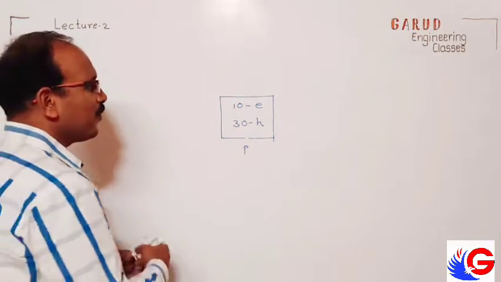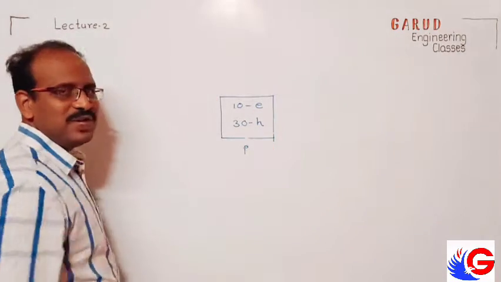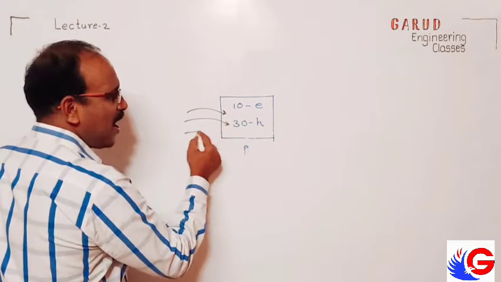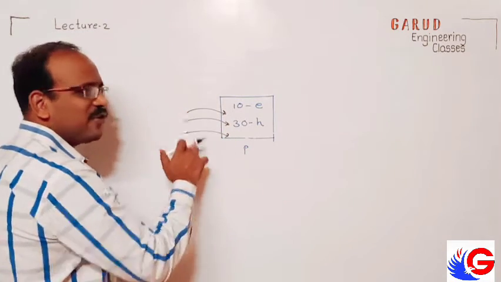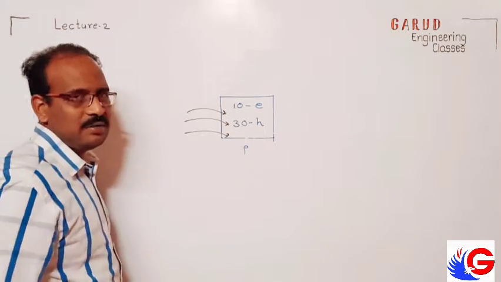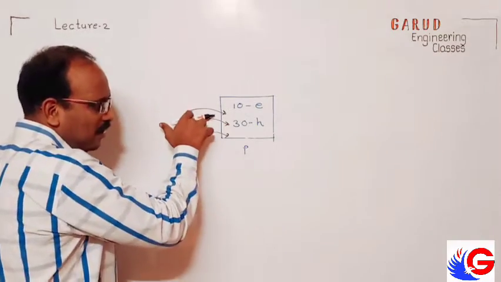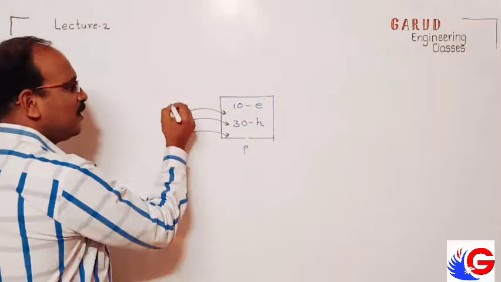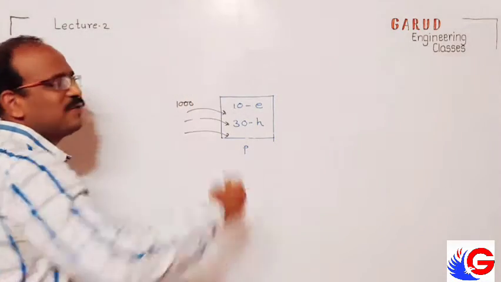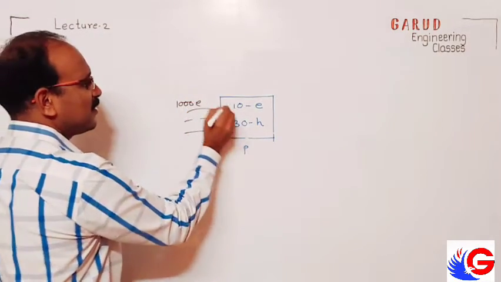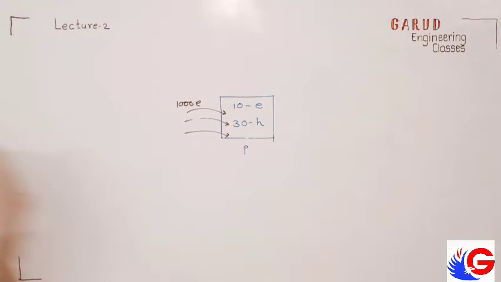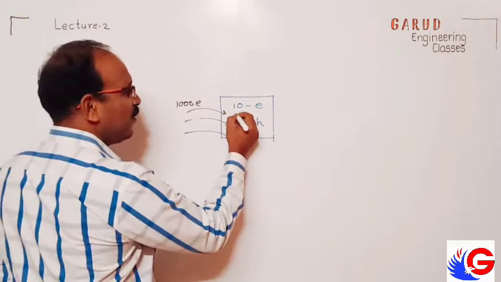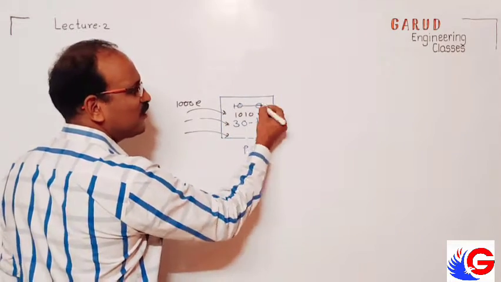Now what do I do? Suppose I want to change the profile of this. Suppose I add, this is called injection. I will tell you how this injection process will work. Suppose I am injecting 1000 electrons into this. What will happen? Whether it's P type, no. Here there will be 1010 electrons.